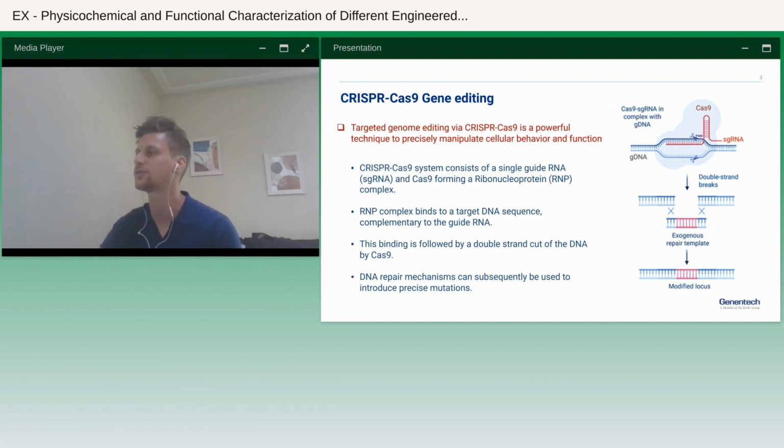Then this complex can bind directly to the target DNA sequence complementary to the guide RNA. Following this action, we can generate double strand breaks, and following that, we have DNA repair mechanisms. For example, we can introduce an exogenous repair template, and we can have a modified locus. So this could be potentially valuable for T-cell therapy or all these kinds of applications.